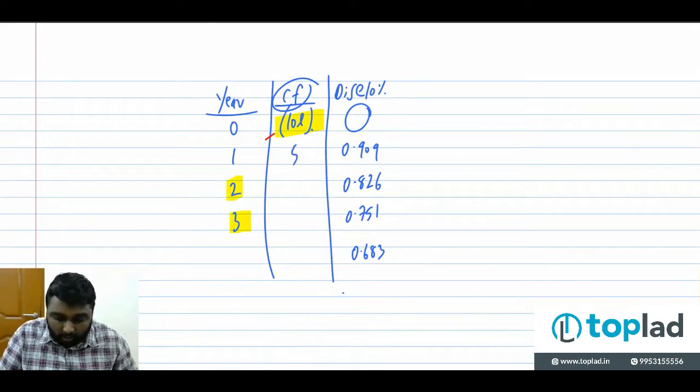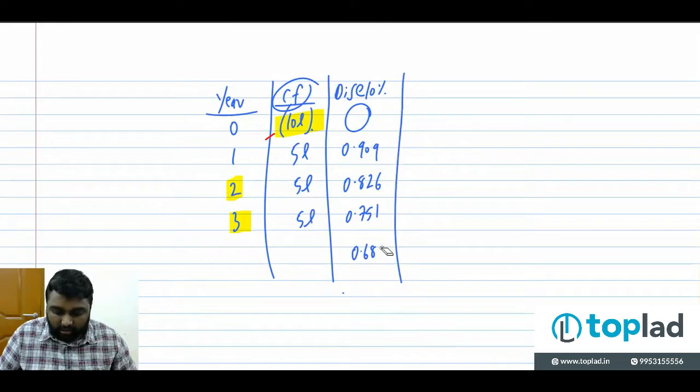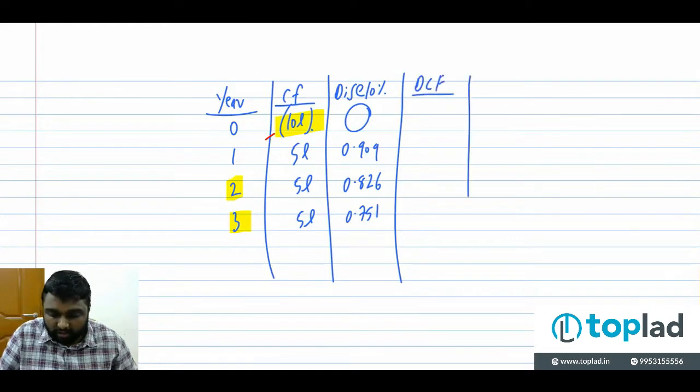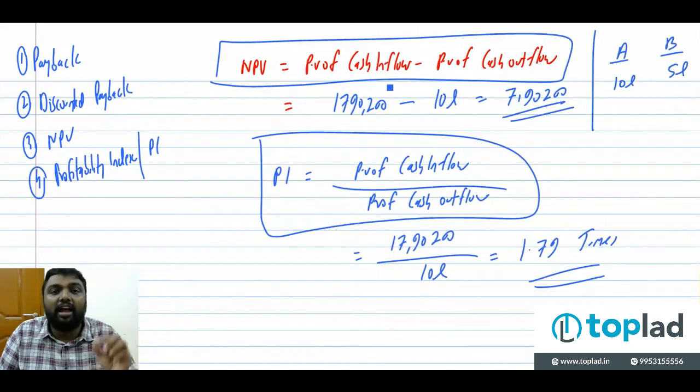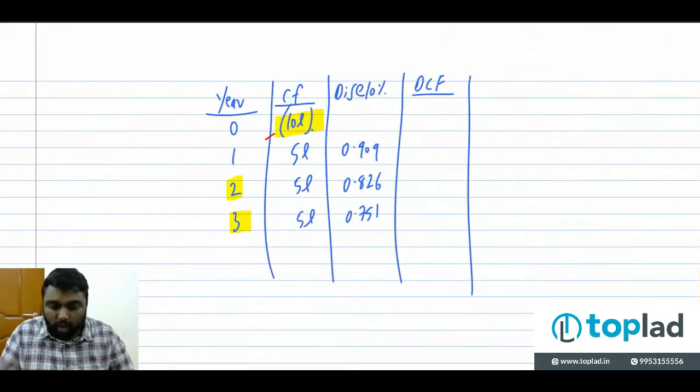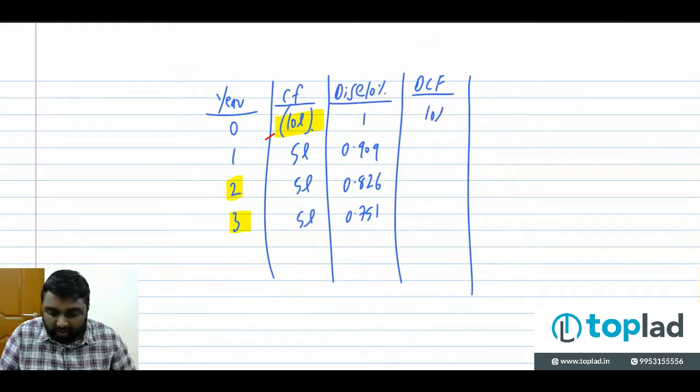First year the amount is 5 lakh, second year 5 lakh, third year also 5 lakh. See how we will find out NPV. We know we will have one column for discounted cash flow. What is the equation for NPV? Present value of cash inflow minus present value of cash outflow. So this will be 10 lakh. We will find for each, this is the inflow, present value we have to take.